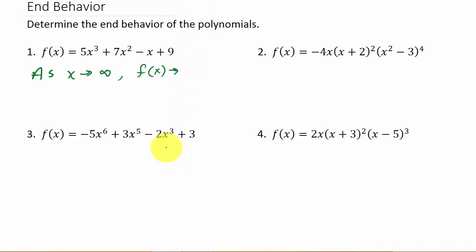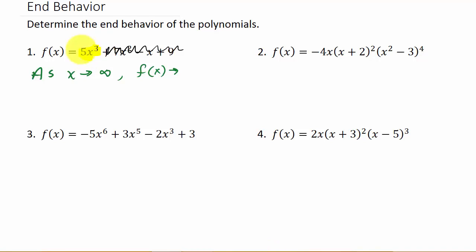When we do this, all we look at is the term with the largest exponent, which in this case is x cubed. We don't care about anything after that. All we care about is the first term right here.